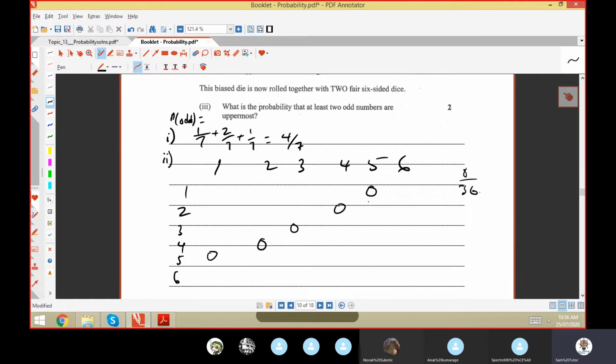So getting a 5 and a 1 would be 1 out of 7 times 1 out of 7, plus 1 out of 7 squared times 4, plus 2 out of 7 squared for getting a 3 and a 3. That would be my answer. It probably wouldn't be this, but let me double check it before I confirm it.